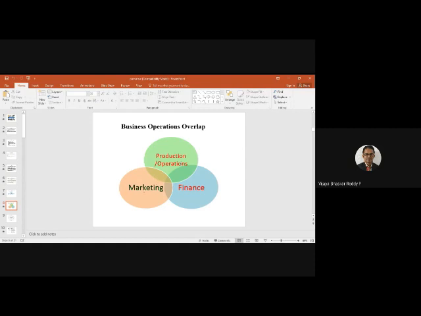The duty of the marketing department is to identify the needs of the customers. Based on those needs, they give the information to the main organization, which is concerned with the R&D department, and these interact together. Then the production department will produce the goods required by the customers, as I already told you.